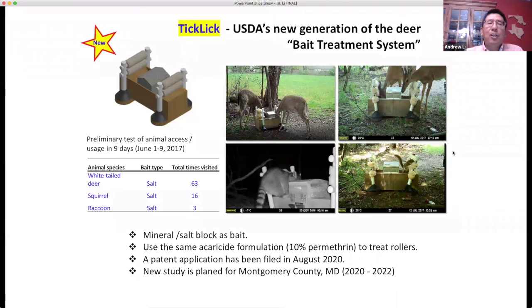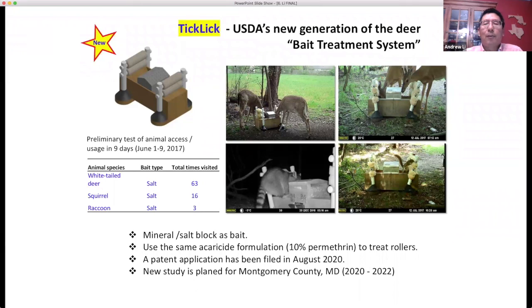So we thought about not using corn, but another attractant. For example, a mineral base, because we know in nature, deer take their mineral salt supplement from the environment. So we came up with the idea to use a mineral-based salt block to attract the deer.